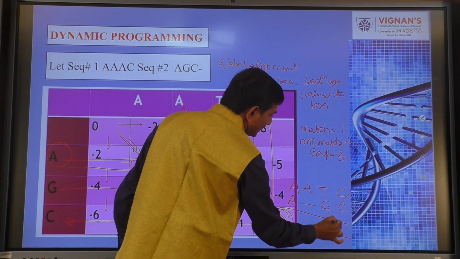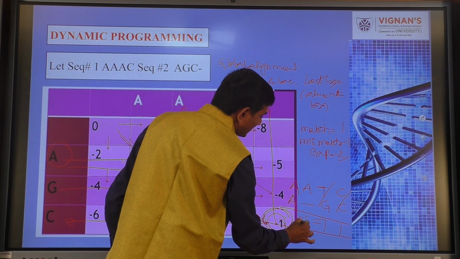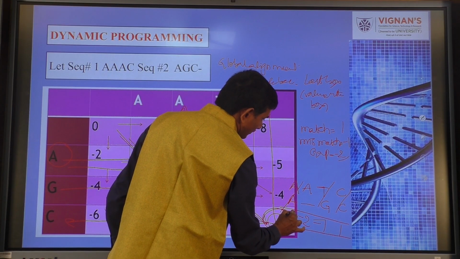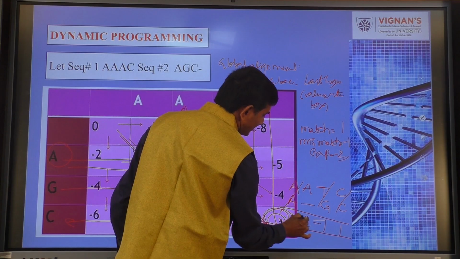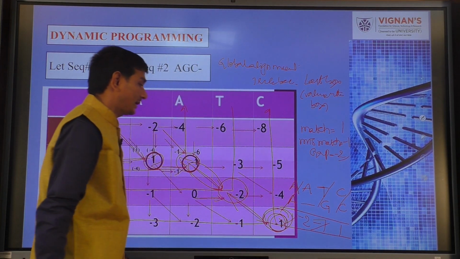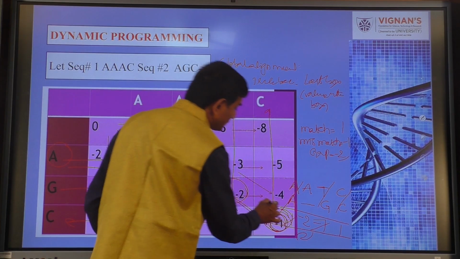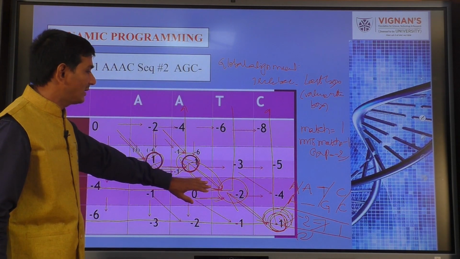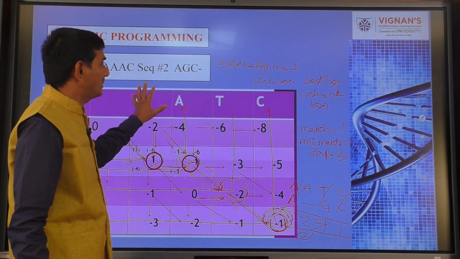So, C versus C is a match of 1, mismatch, gap of -2, match of 1, right. So, it is as simple as +1, -1. So, finally, the calculated value is equivalent to the alignment value. If the calculated value and the alignment value are one and the same, then we have executed this alignment perfectly.